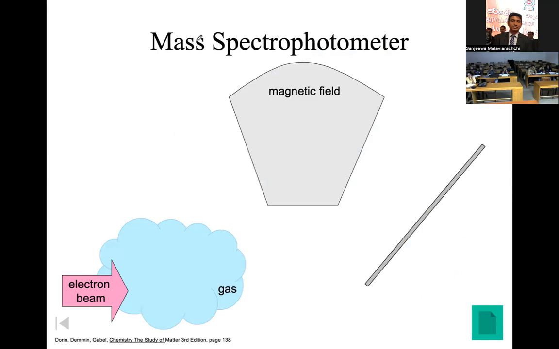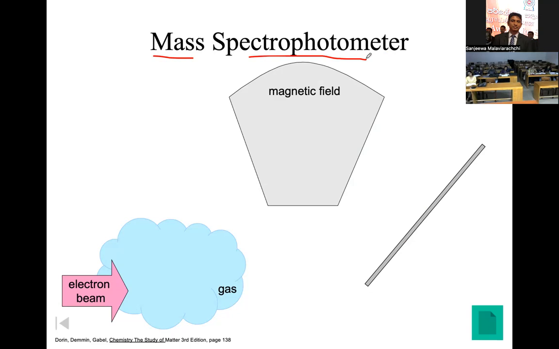So what is a mass spectrometer? As I said, it's an equipment which counts masses using some mechanism, right? Spectrometer, or spectrophotometer. It's a mass resolving kind of meter.